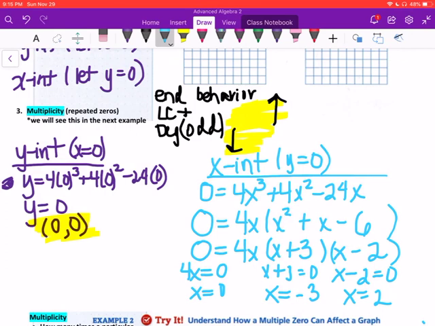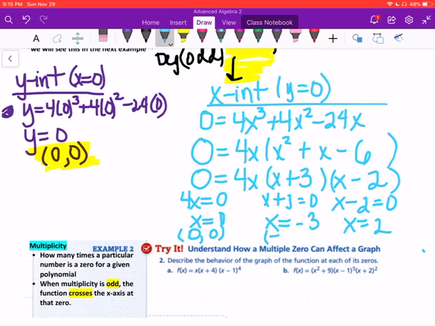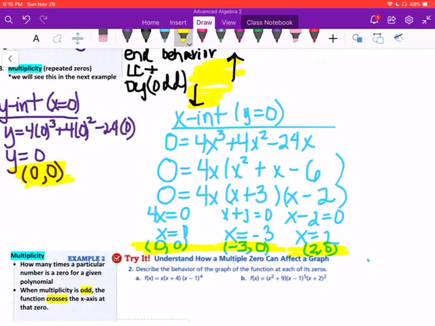So now I have 3 x-intercepts: one at 0, 0, another at negative 3, 0, and another at 2, 0. Let me highlight that. All right, that should be enough information I'll need in order to sketch a graph of that polynomial.